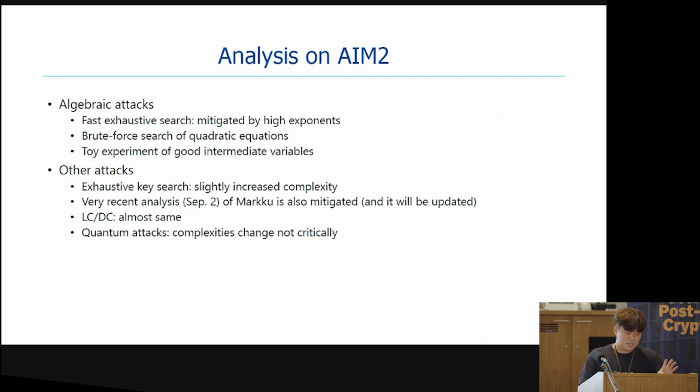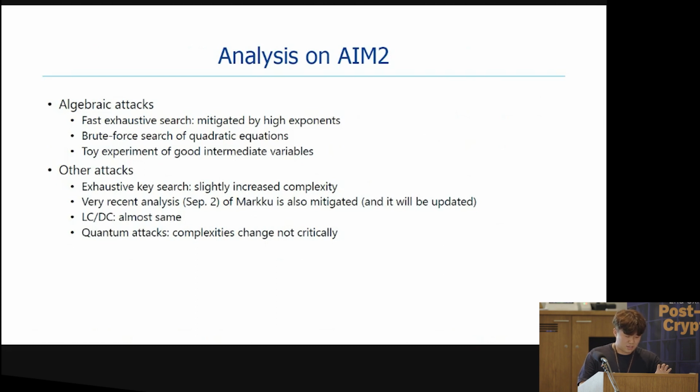And other attacks: very recently, on September the 2nd, Marku posted on the PQC forum and proposed an efficient exhaustive search attack, and we think that AIM2 can mitigate this problem, and we will update soon.